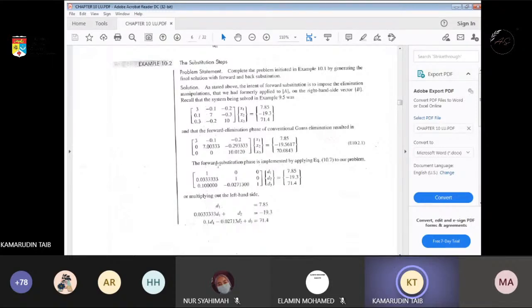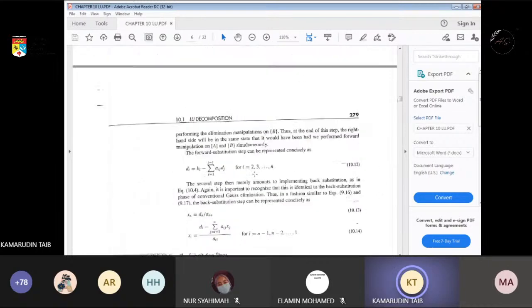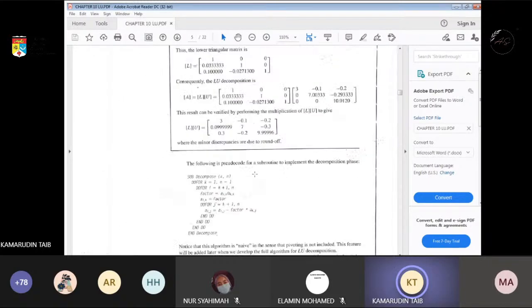However, the forward substitution to get the lower is carried out by applying equation 10.7, and this is the result that we got, which is from here. Yes, see, same. Okay.